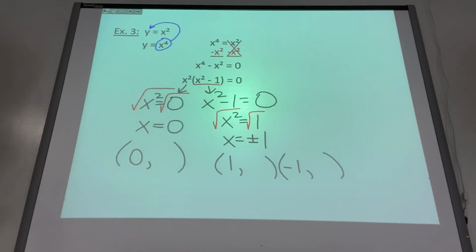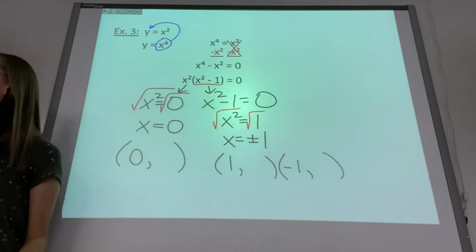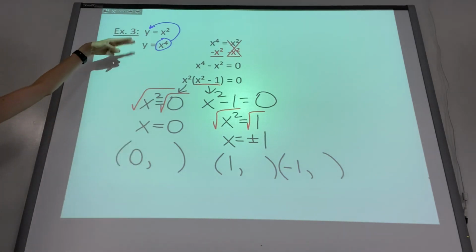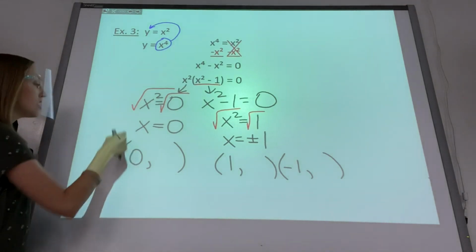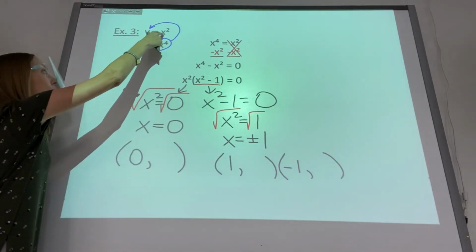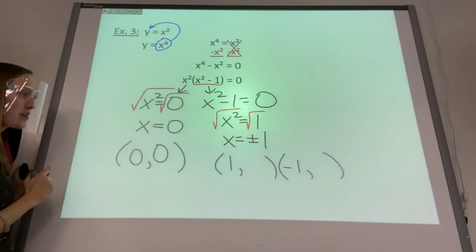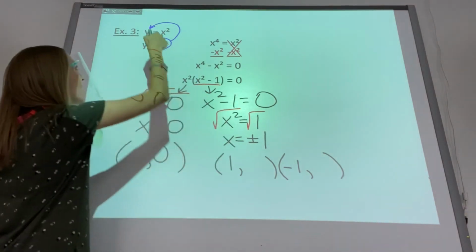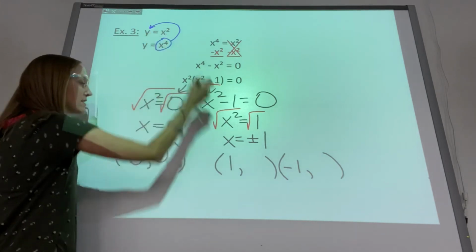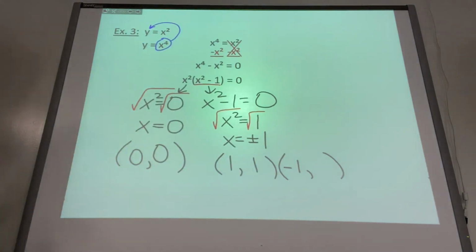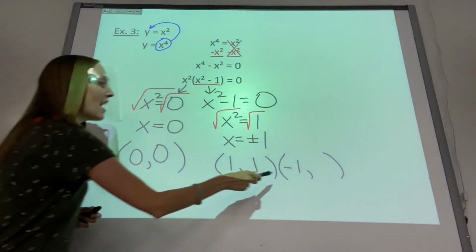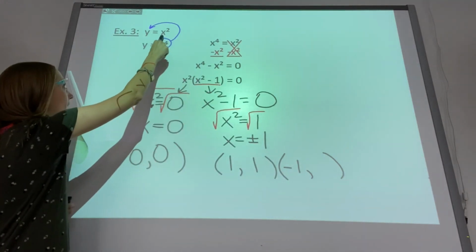So we just have to plug these back in to find y. Plug them back in to either one of those. I'm just gonna go with the top. So 0 in for x. 0 squared is still 0. Plug in a 1 for x. 1 squared is 1. Plug in a -1 for x.